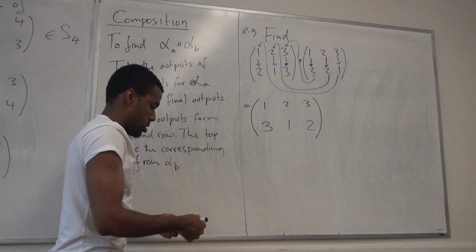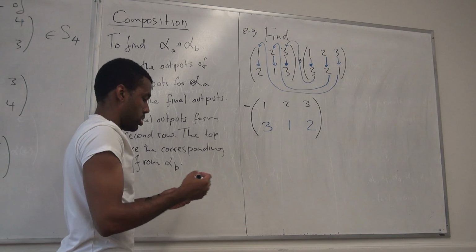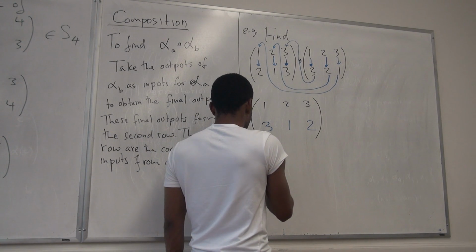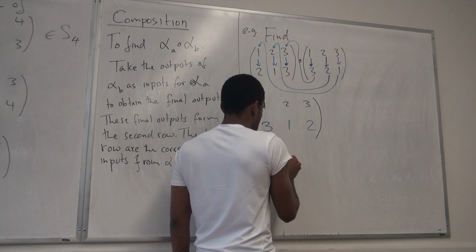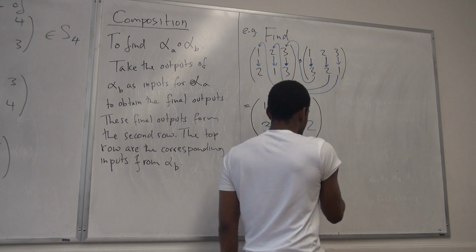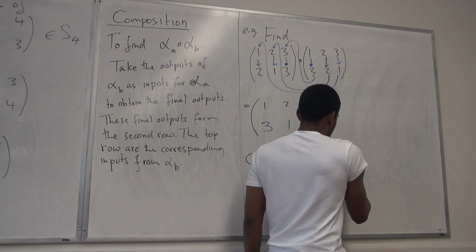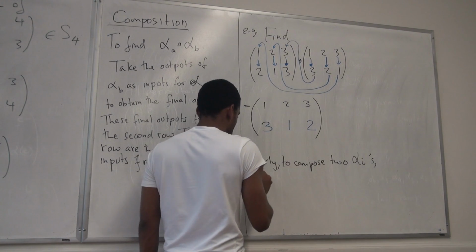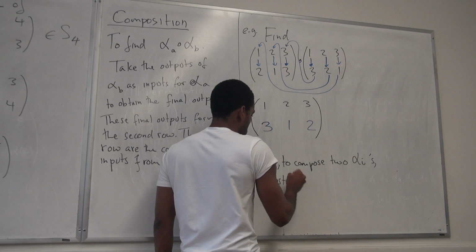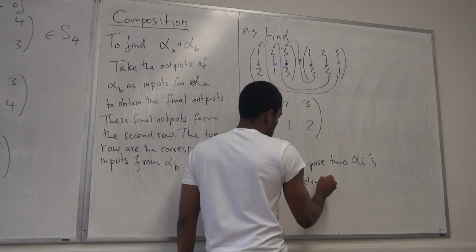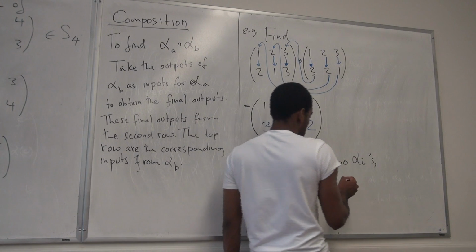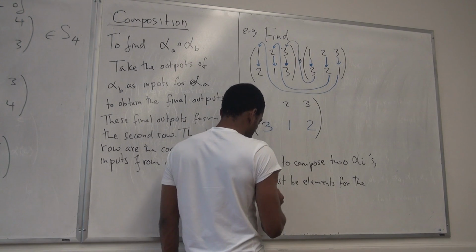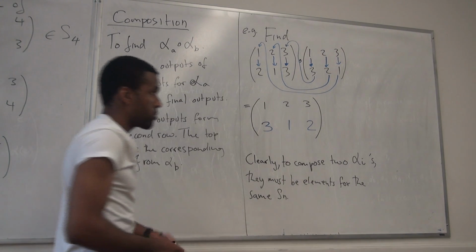And I should mention, to compose two permutations, they have to be from the same S_n, right?